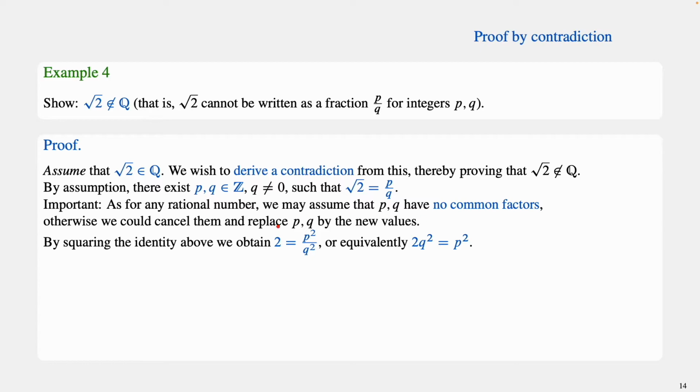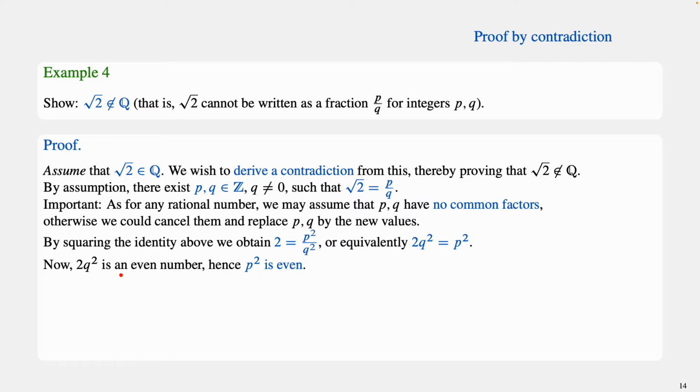And to go on with the proof, we have to use what we are given, that is the square root of 2, and by squaring our assumed equation here, we can obtain an equation with integers only, which hopefully will be easier to manage. So we square this equation here, and it becomes 2 equals p squared over q squared, or equivalently, if we multiply by q squared, we get 2q squared equal to p squared.